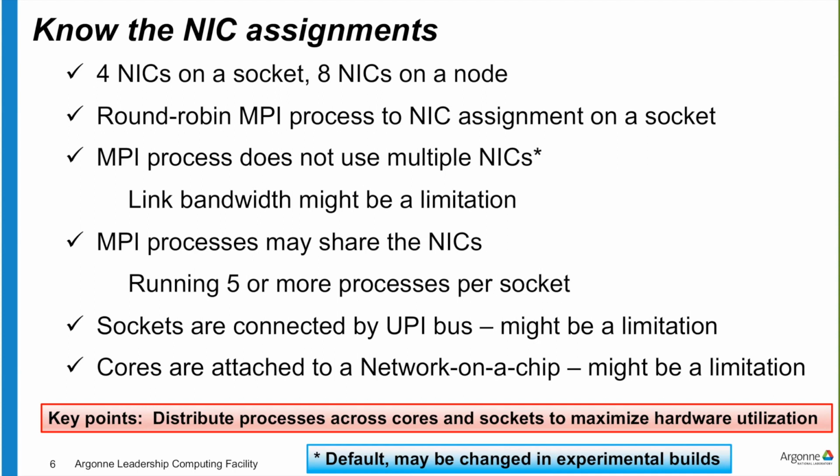Remember that the sockets are connected by the UPI bus, which might be a limitation if you do a lot of communication over this bus. MPI is aware that some MPI processes are placed on the same node and may not utilize NICs but use the UPI bus instead.